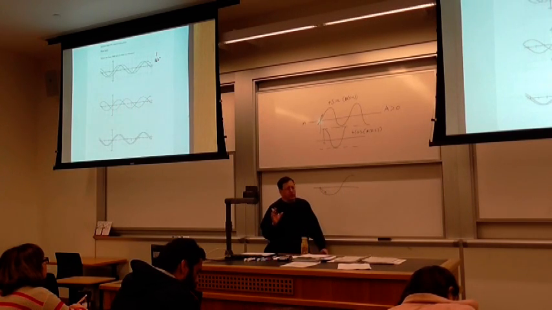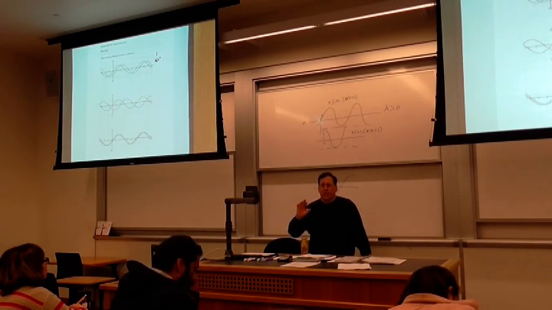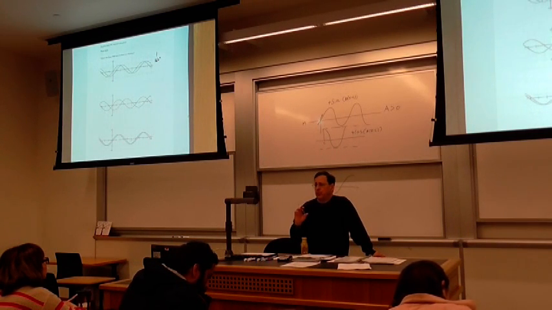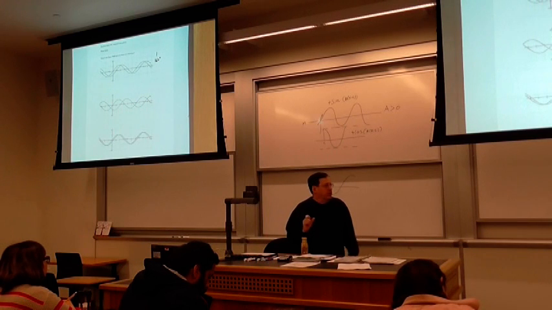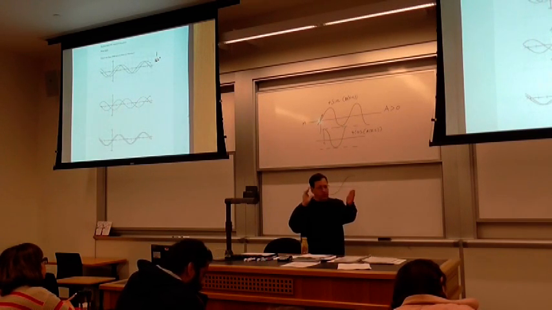I hope you understand. There are a number of different ways you can write the same exact function, right? Sine and cosine, you can write the same function by phase shifting.